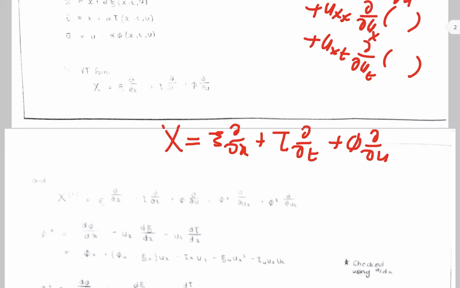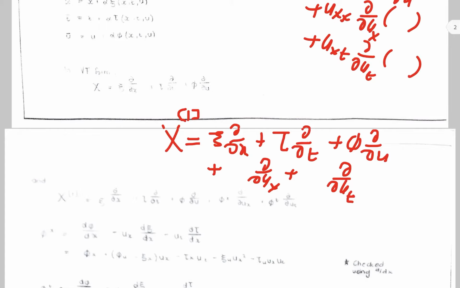If we were to extend or prolong this, for example, to first order derivatives, then there would be a term involving u_x and a term involving u_t. This is the equivalent of the d/dy' term.